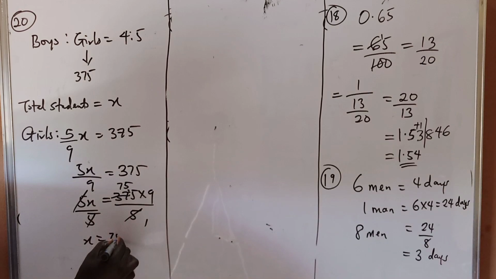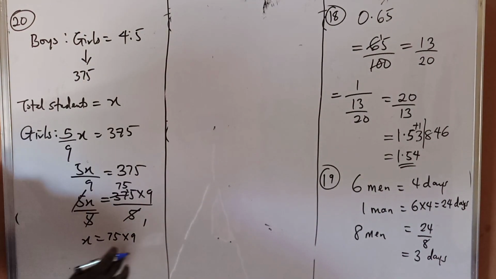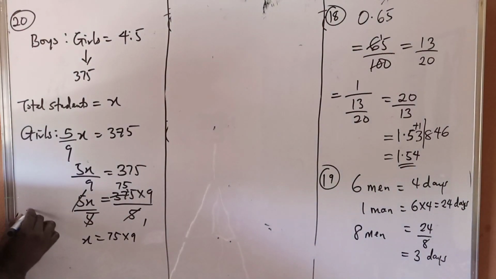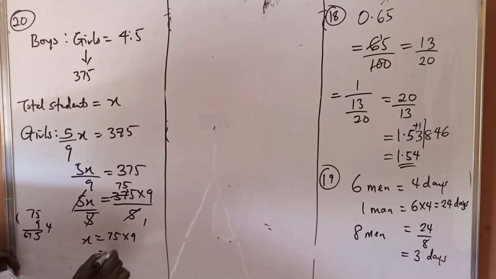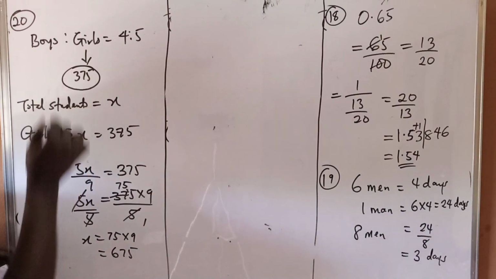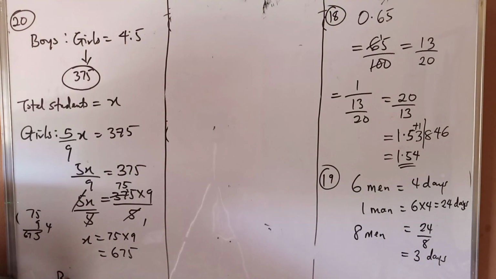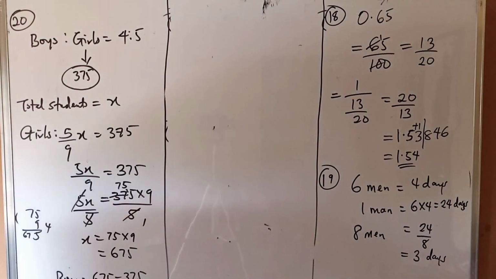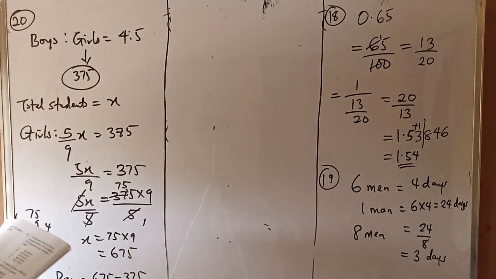So we have 75 times 9, which is the total number: 675. Mind you, the number of girls is 375. So for boys, we subtract 675 minus 375, which gives 300 boys in the school. That's option B.